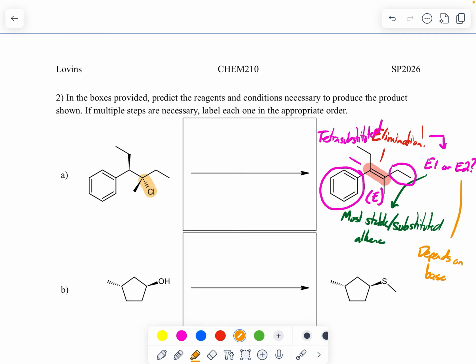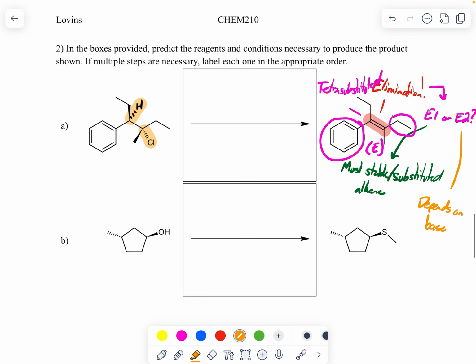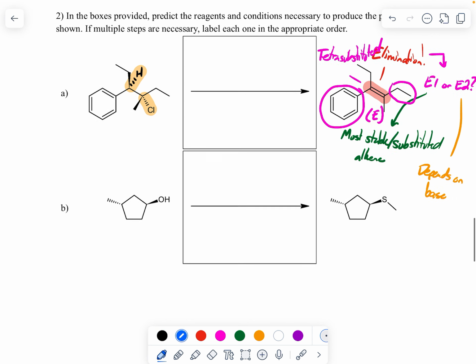That means that in order for this leaving group to be eliminated, it has to be anti to the proton that is on the other carbon. Notice that proton is also on a dash. This is a problem, because if that proton is on a dash, that means that this bond would have to rotate in order to actually produce the final product of a Zaitsev E2 elimination.